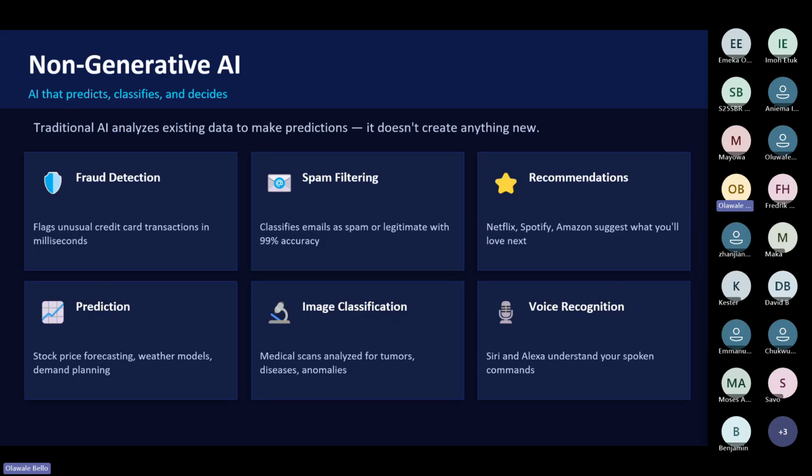Another non-generative AI system is spam detection, or email spam filtering. This helps us to classify email as spam or as legit, and also the recommendation system, which helps to suggest movies.